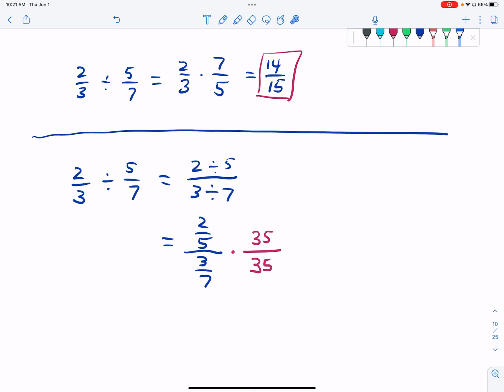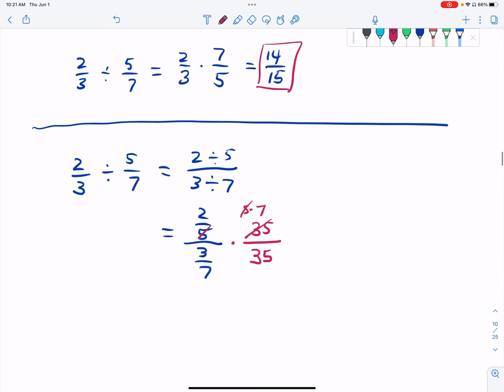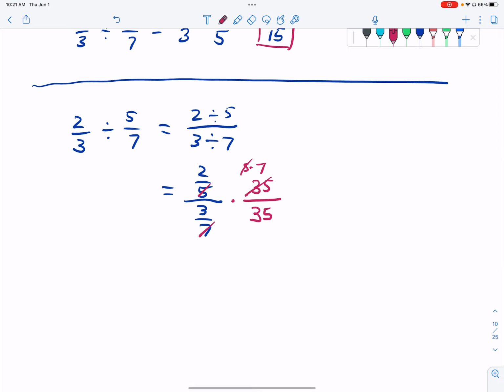So now watch what's going to happen. I am going to cancel out some common factors. 5 divides into this 35 exactly 7 times, right? It's 5 times 7, so the 5's cancel out. And then likewise, the 7 is going to divide into this 35 and leave you with 5 left over, because again, it's 7 times 5, and the 7's will cancel.